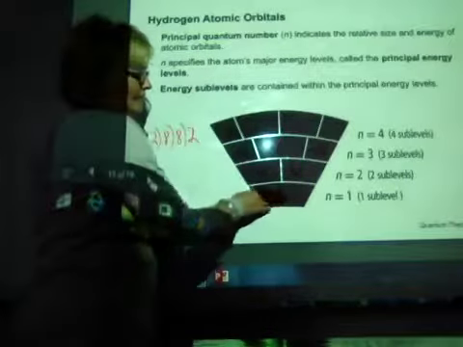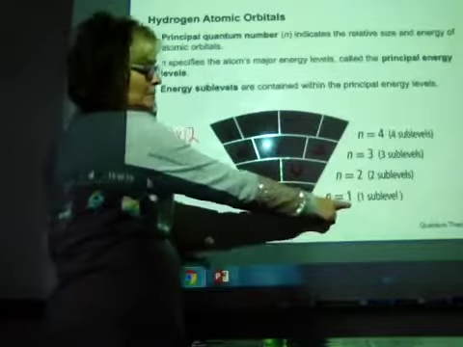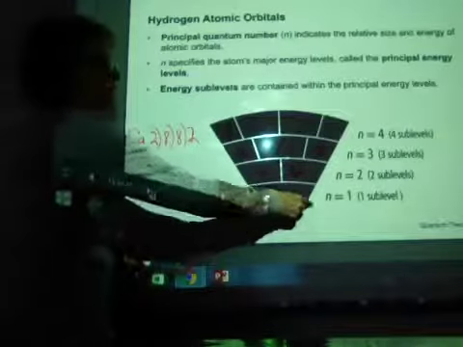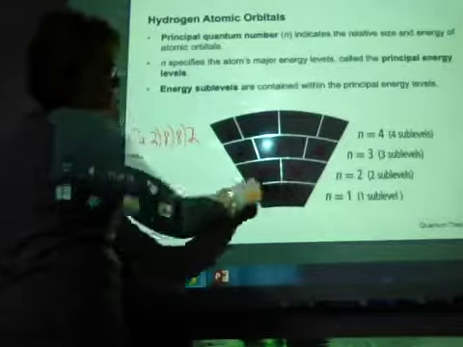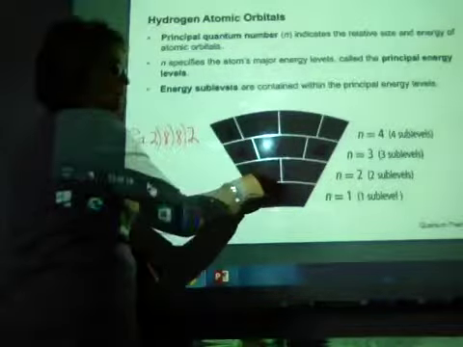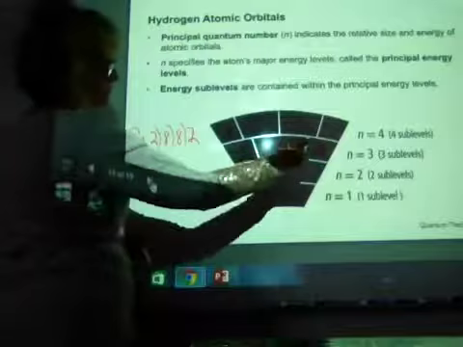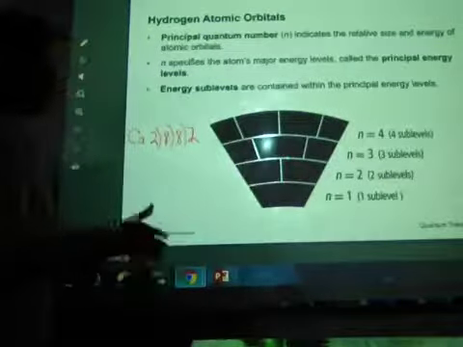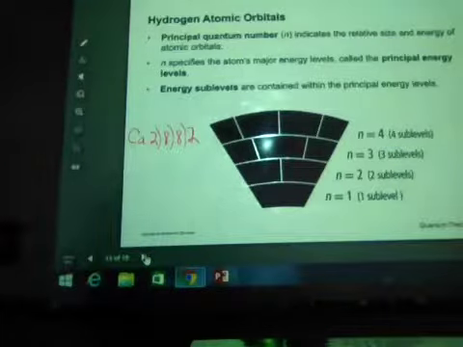So if I have a principal number of 1, this first energy level has 1 sublevel. My second energy level has 2 sublevels. My third has 3, my fourth has 4. I could have 5, and 5 would have 5 sublevels.